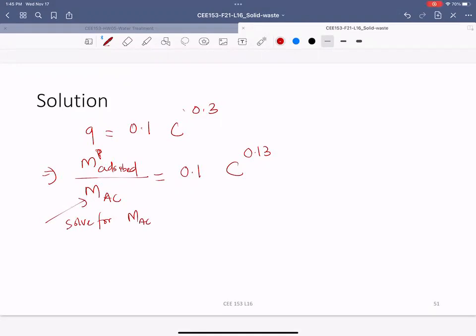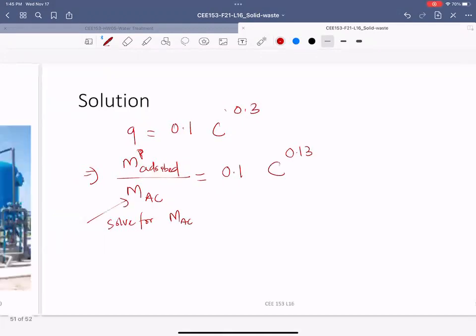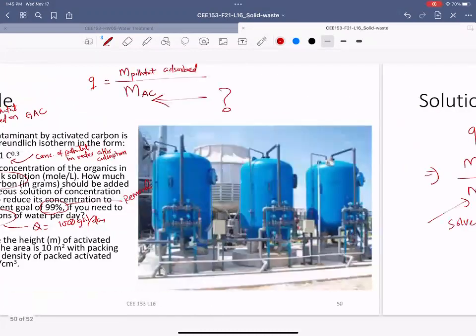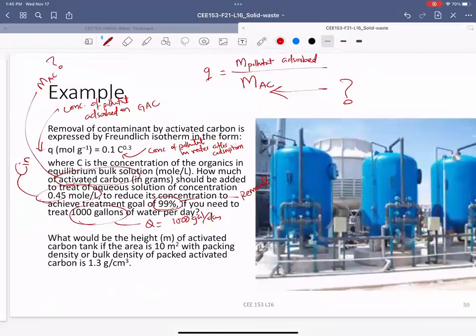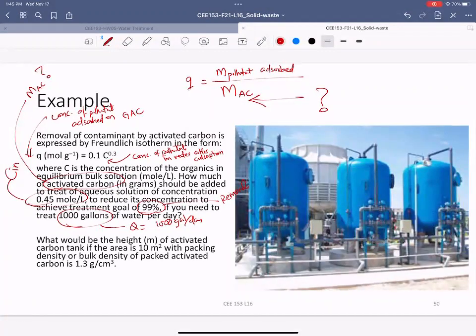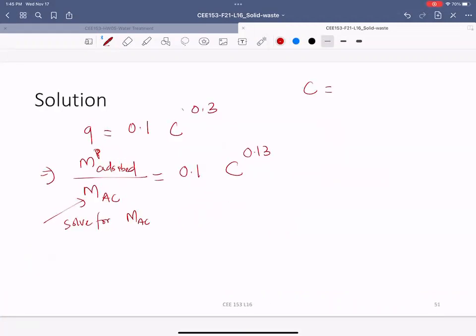To do that, you also have to calculate other things. You don't know what C is, you don't know what M absorbed is, but the other information given to you actually gave you that information. So what is the concentration of pollutant after adsorption? It says 99% is removed, and the initial concentration is 0.45. So C equals 100% minus 99%, times whatever the initial amount coming in.